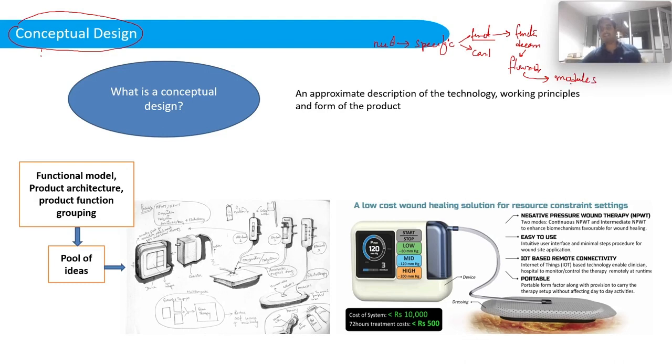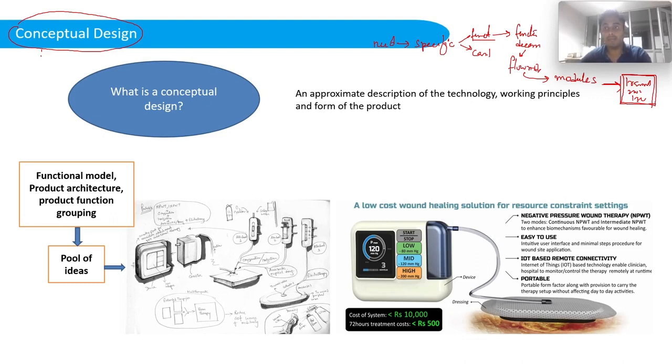Now the nature of these modules is still in the form of writing, like transmit 220 to 12.5, and these are not concepts, these are more like a written description of how this module will work.